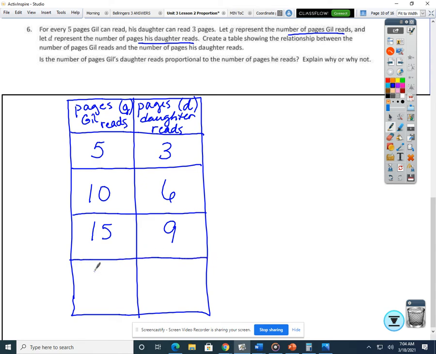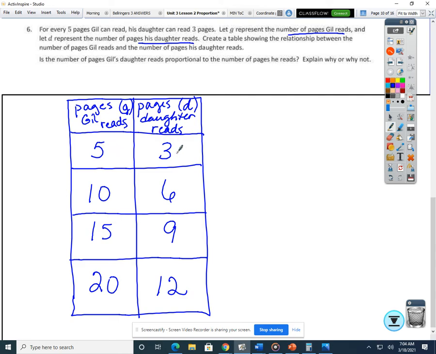And let's do one more. If he reads 20, we're multiplying our 5 times 4 to get 20. So we multiply our 3 times 4 and get 12. So every time he reads 5 pages, she is able to read 3.